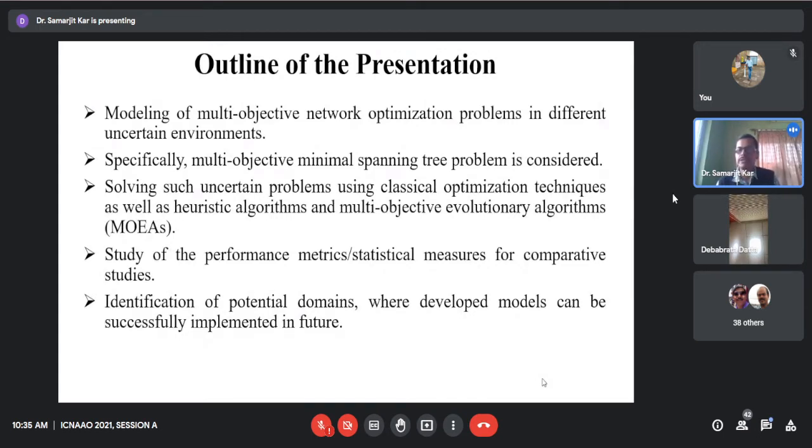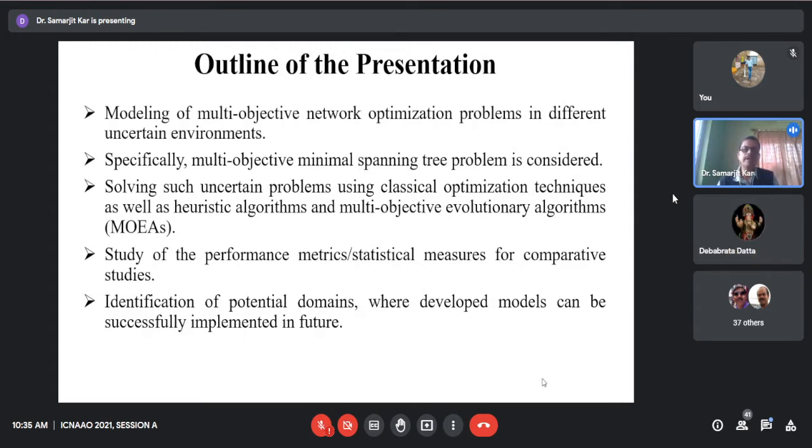In this talk, I give you the idea of network problems, especially the minimal spanning tree problem, because in recent years there have been a lot of applications of the minimal spanning tree problem in different directions, like transportation modeling, brain computing networks, clustering analysis, image analysis, disaster management, so many areas.